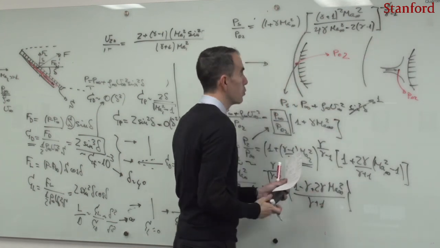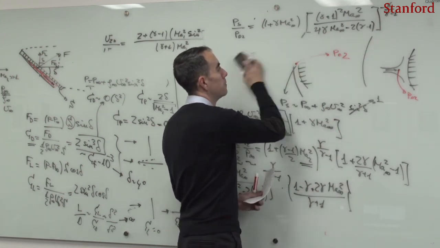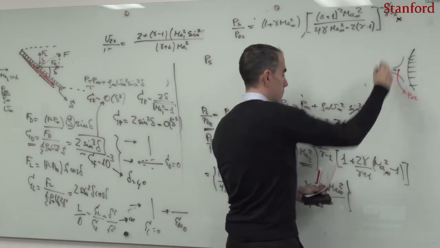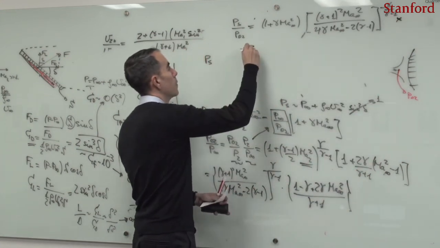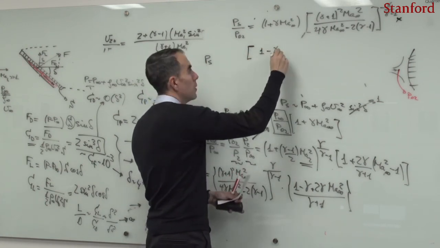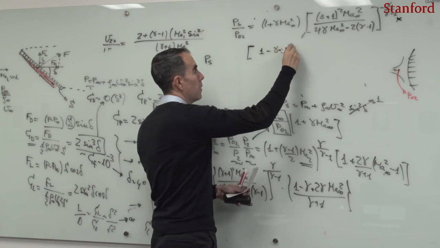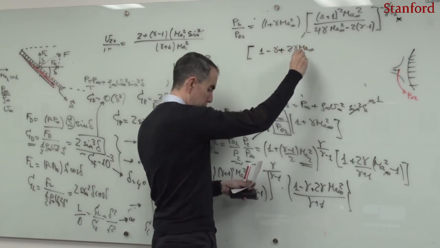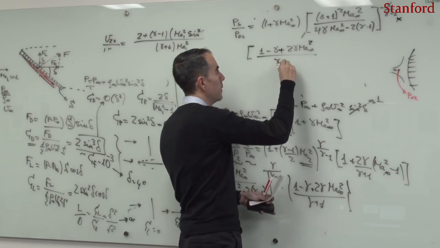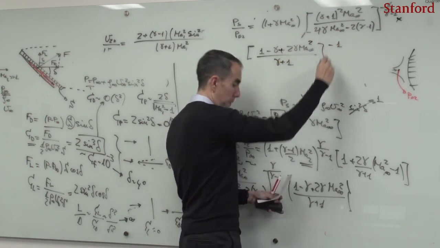And then we also need to multiply by another factor: [(1 minus gamma plus 2 gamma Mach infinity squared) divided by (gamma plus 1)] to the minus 1.